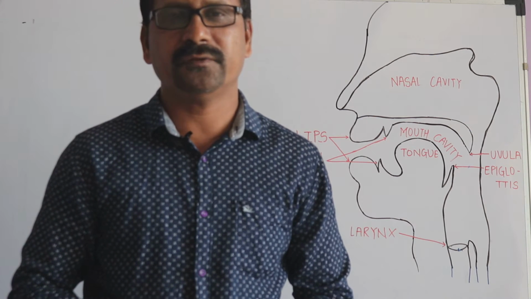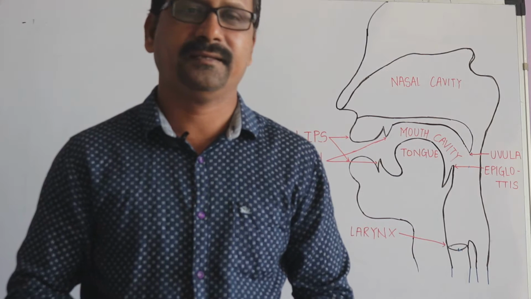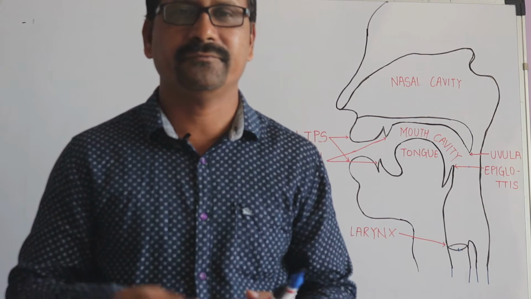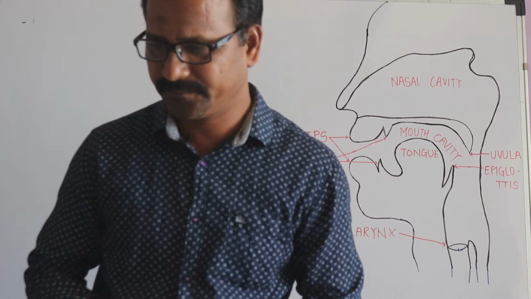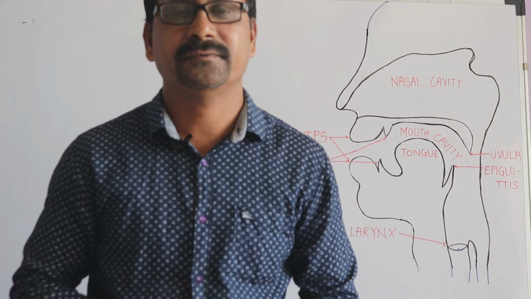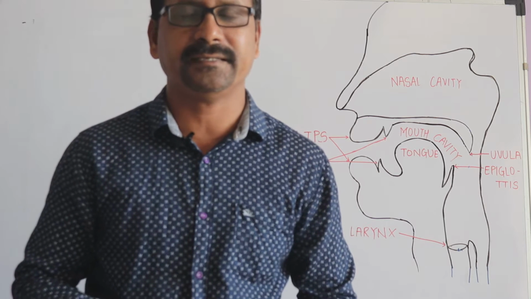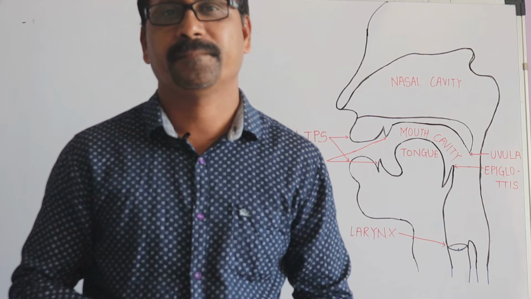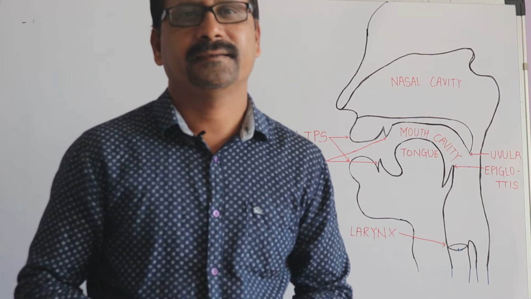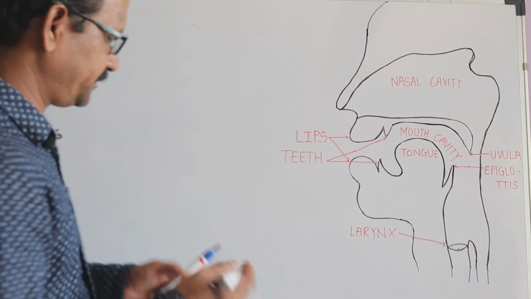So in that particular video we thought about everything, how the mechanism works in our mouth when we produce any kind of sound. So friends, this is the next turn now, which is very important as far as the exam is concerned here. So we will think today regarding the vowels.